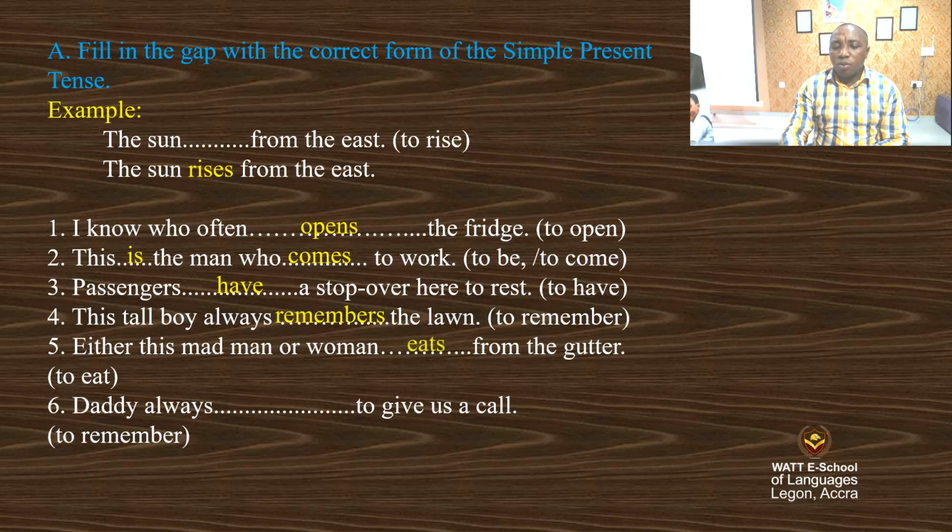Either this madman or woman eats from the gutter. Either this madman or woman is from the gutter. Daddy always remembers to give us a call. The verbs have been put in the simple present tense.